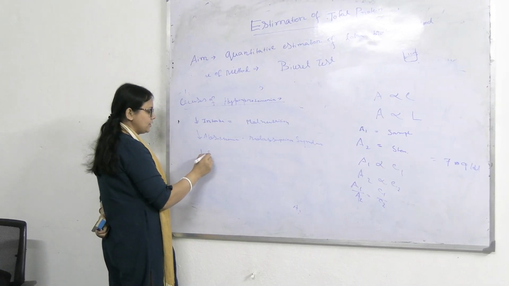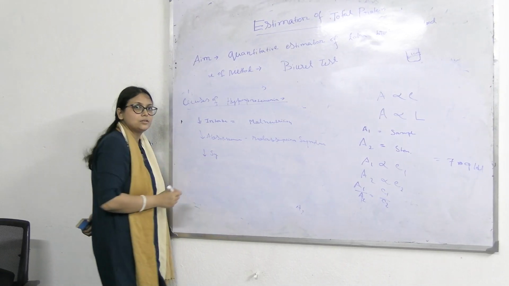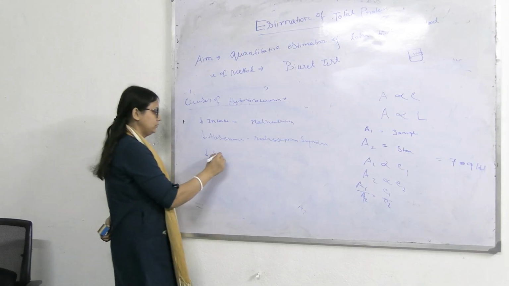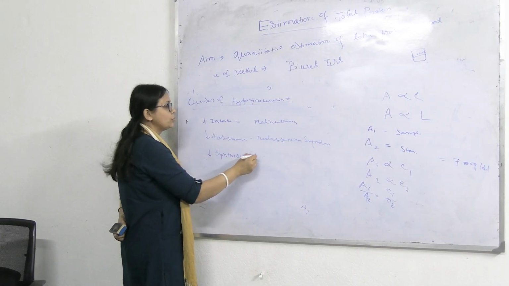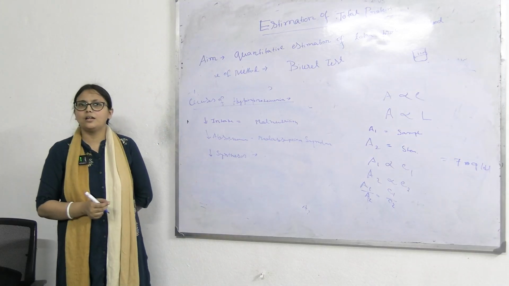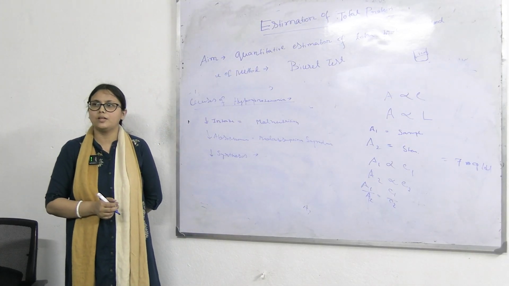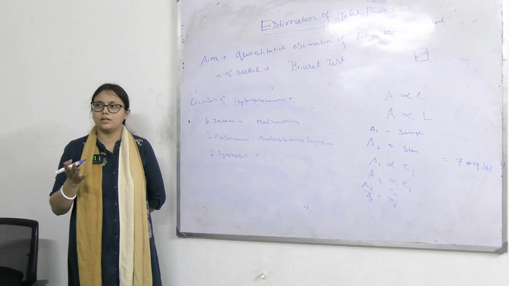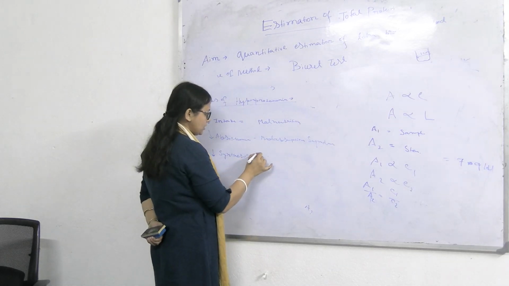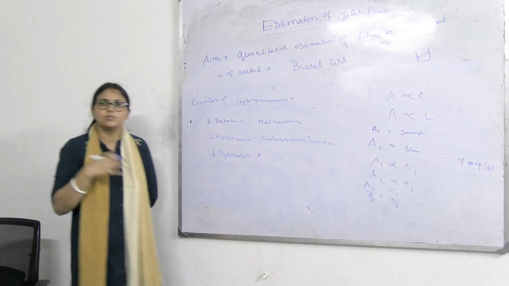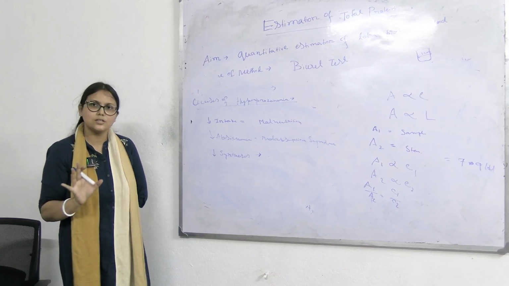Then decrease synthesis, protein is synthesized in which organ? In which organ protein is synthesized? Mainly in liver, but some protein like globulin is also synthesized in plasma cells. Okay, so mainly in liver. So decreased synthesis will be seen in diseases associated with liver, like in cirrhosis of liver.